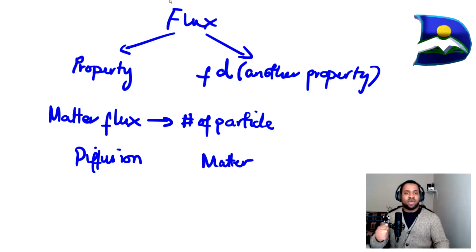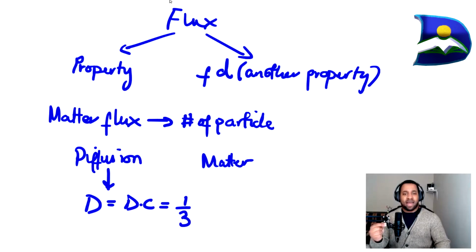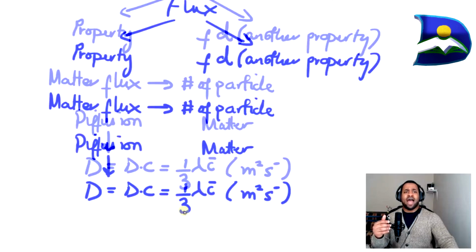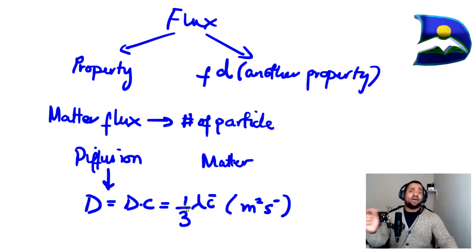So in this part we were able to determine our D, which is represented as the diffusion constant, and this diffusion constant is equal to 1/3 multiplied by lambda, which is expressed as the mean free path, multiplied by our mean speed. The unit for this was meters squared times second to the power of -1, so meters squared per second. So this was what we talked about on our previous video concerning matter flux.